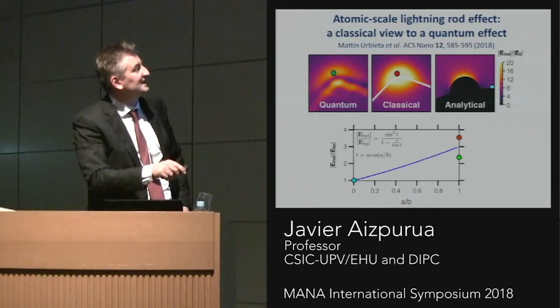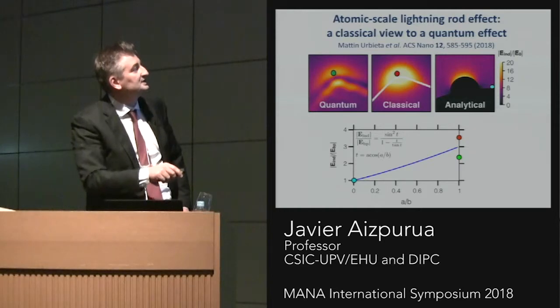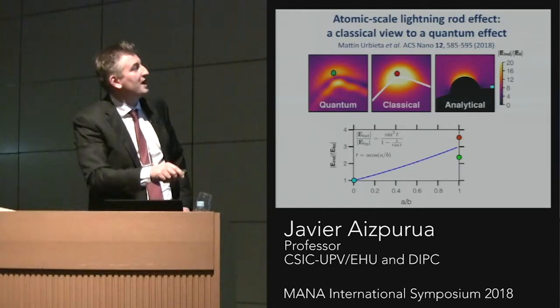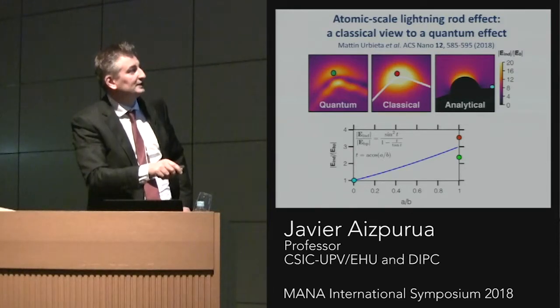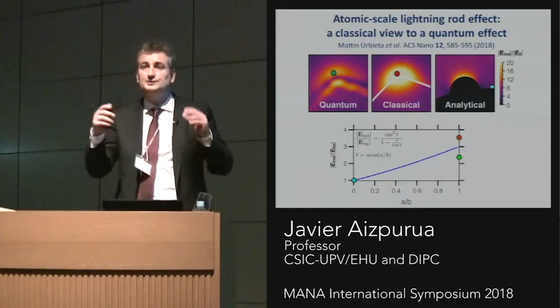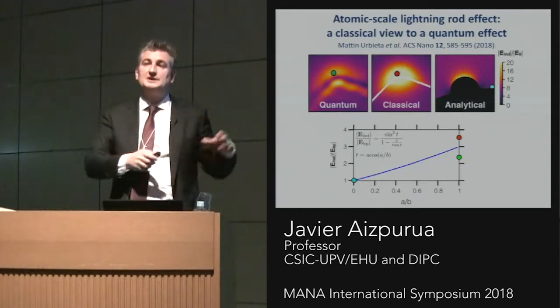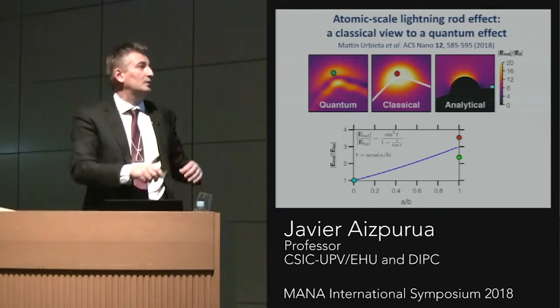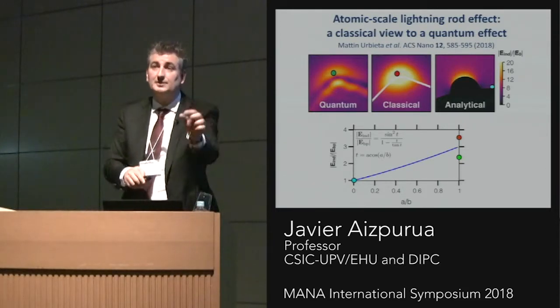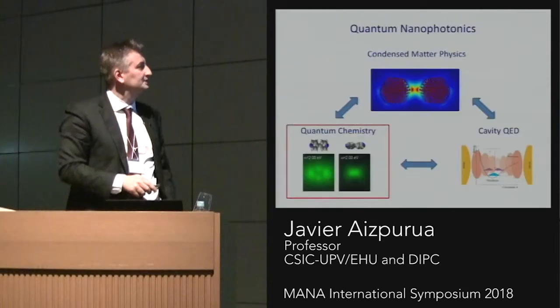So we get exactly the same values of field enhancement, and even with a very rough lightning rod effect, which is nothing but this, lightning rod effect at the atomic scale, we also get the values and similar distributions of the field. So the good news for experimentalists who want to know how fields localize in single atoms is that we can do a classical calculation taken to the limit in that particular atom or set of atoms, right?